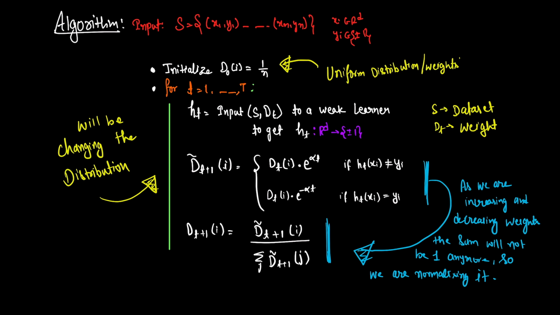Now, for t equals 1 to T. First we initialize the distribution, now we will change this distribution accordingly.